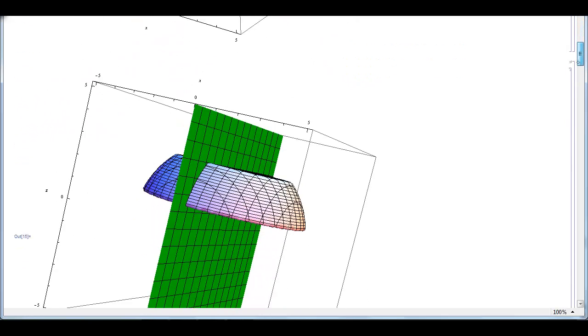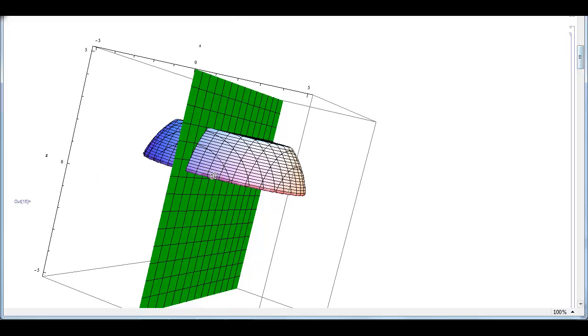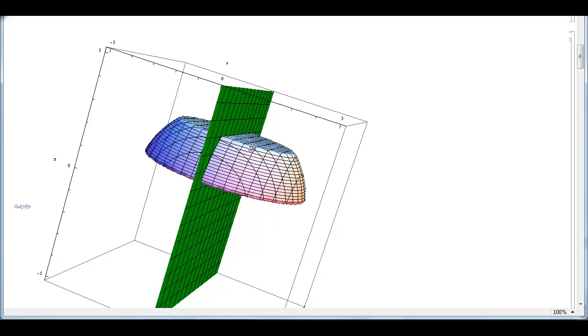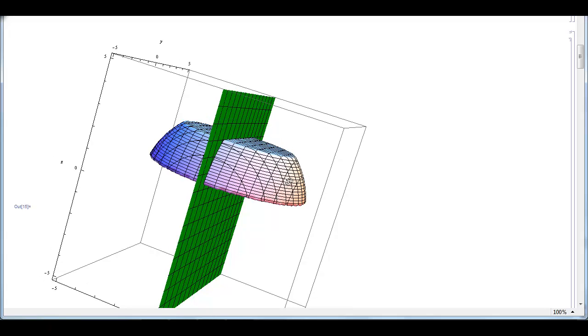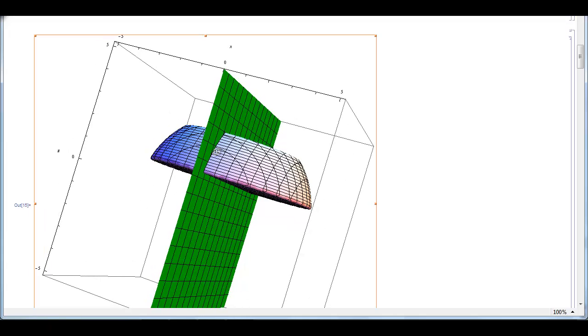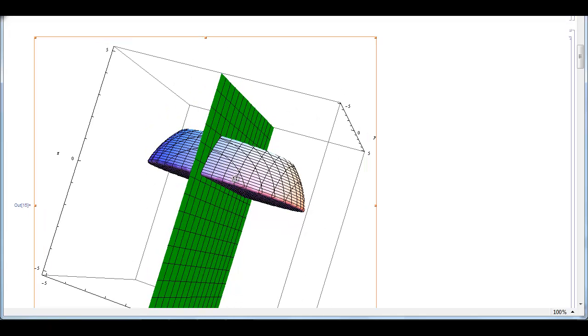So when we look down here, this green plane is the plane x equals 0, or the yz plane, and we get the same image with positive x's on the right and negative x's on the left. So this is odd in x, and if we integrate with respect to x first, that integral will be 0, whatever we have for bounds, and the whole integral will end up being 0.